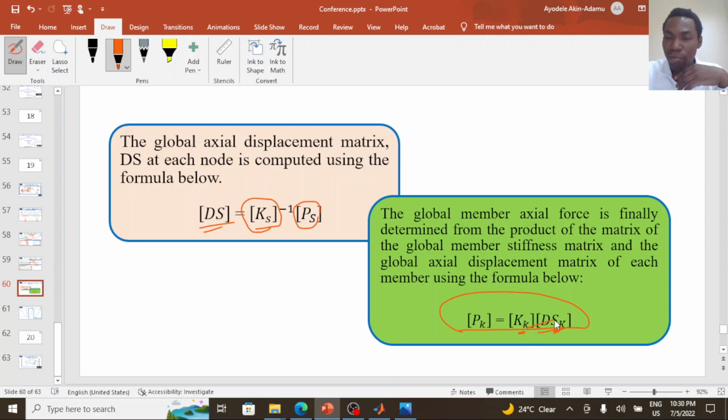Once multiplied together, we get a 6 by 1 column vector, and that vector gives us the forces in the XYZ directions at each node of the element. I'm going to illustrate how we use this formula in the Matlab working environment.